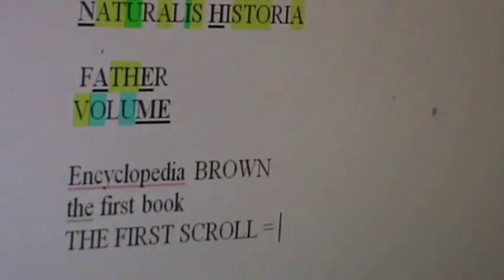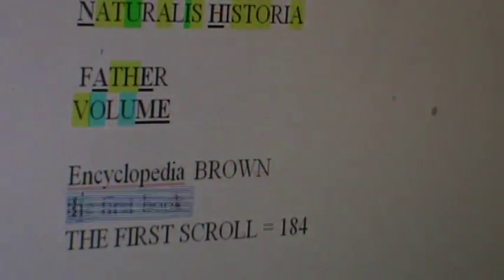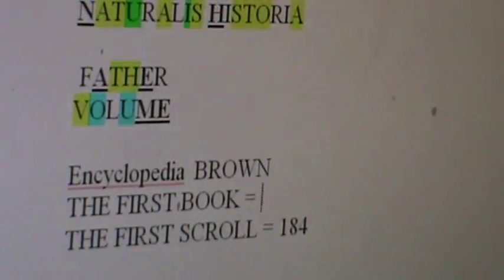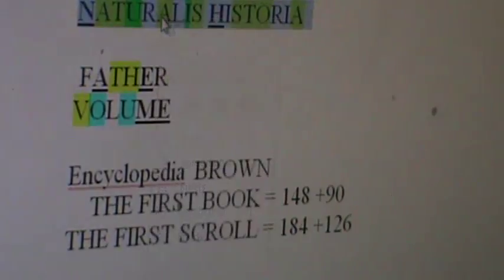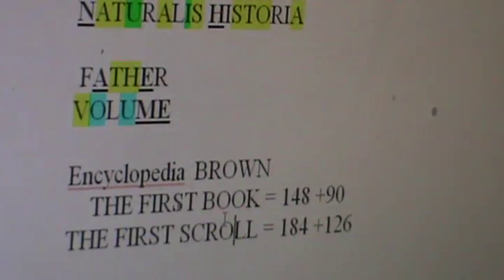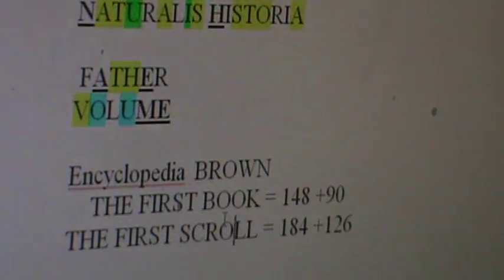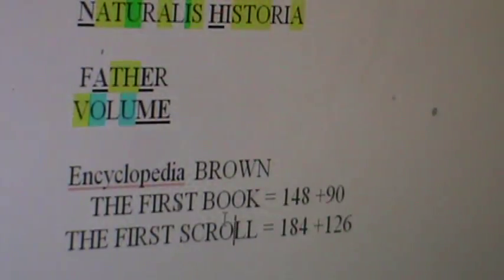I mean, at some point in history, God is aware of the fact that there was what is called the first book. 148 and 184. Both of these are offsets from Father. This is plus 90, and this is plus another, very similar to Naturalis Historia. We saw it before. 84 plus 42, yeah.